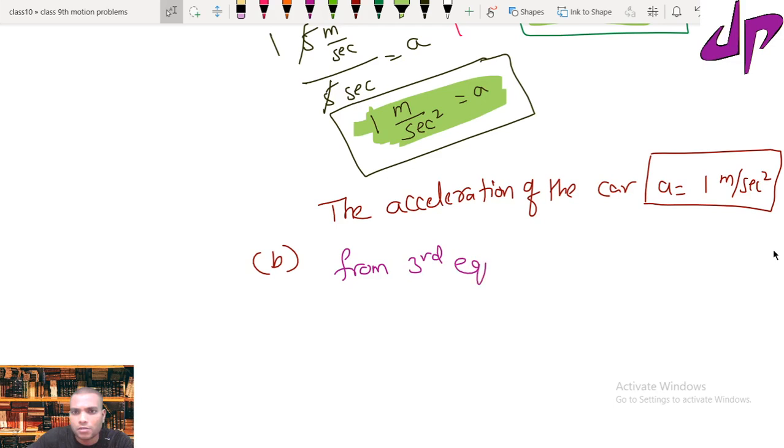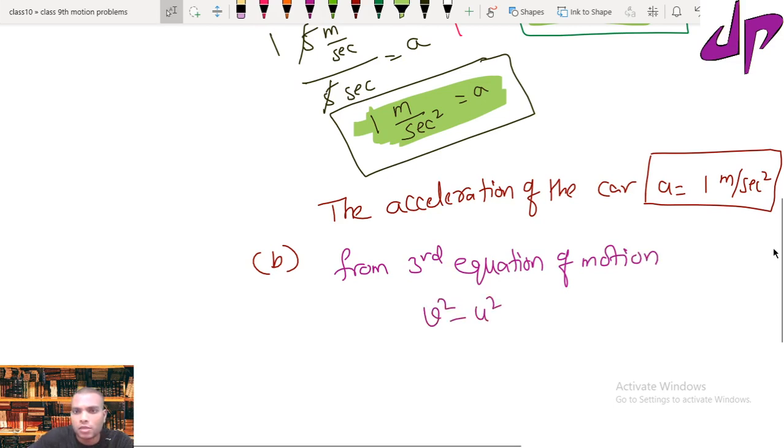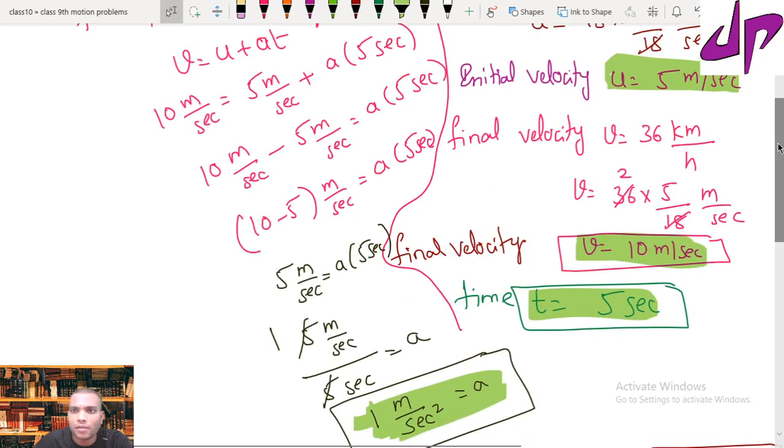From the third equation of motion, that is v square minus u square equal to 2as. Now we know the final velocity, the u we got and the v we got, and acceleration we know. We can substitute those values.